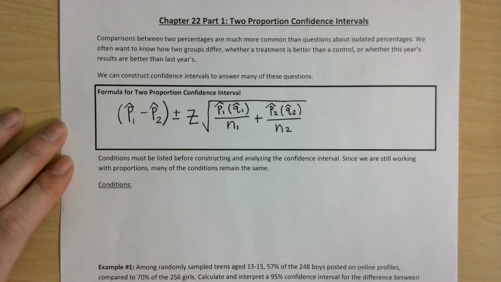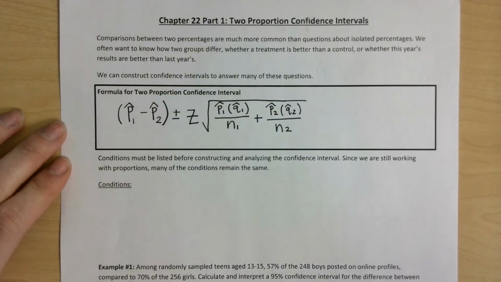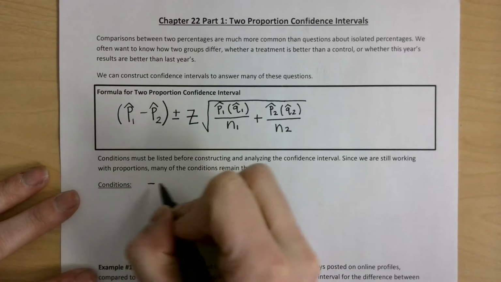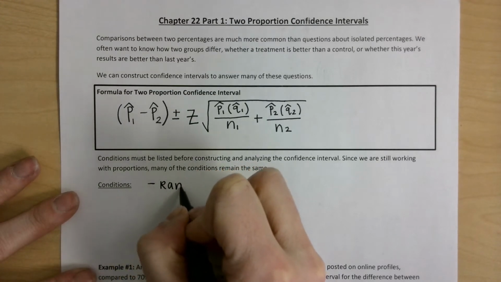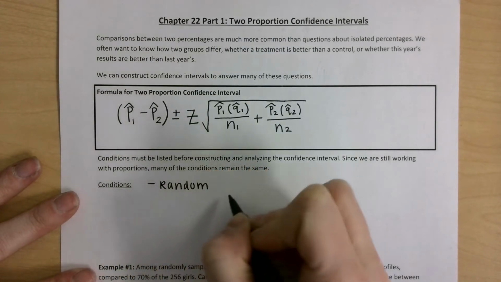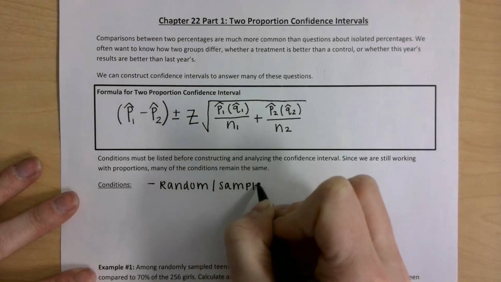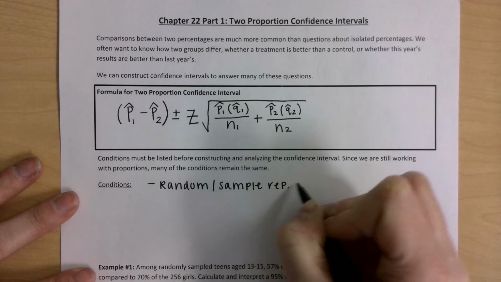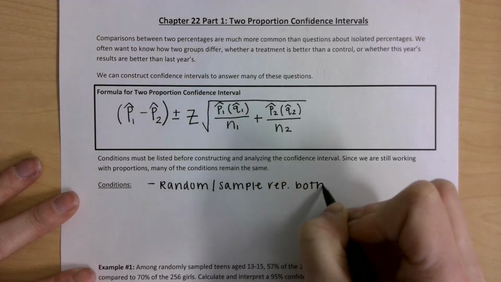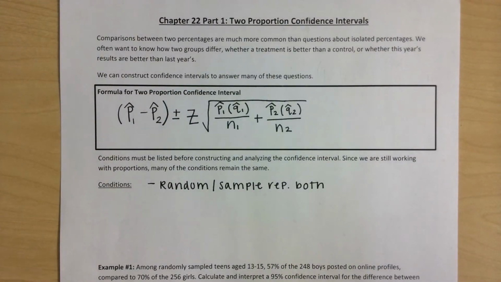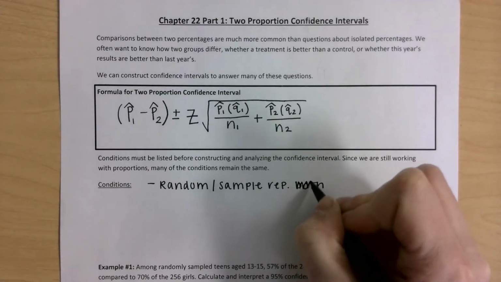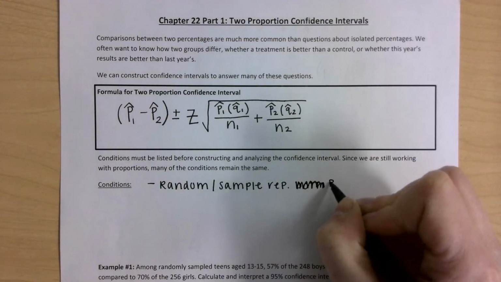Since we're still working with proportions, many of the conditions remain the same. The first condition is still the same: I need to make sure I have a random sample, or that the sample represents the population.